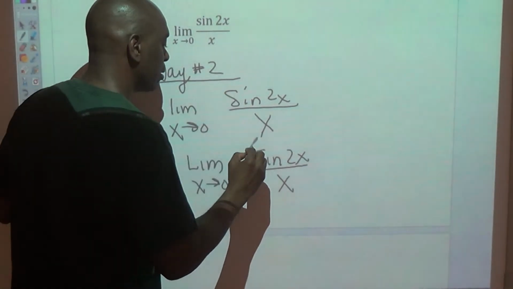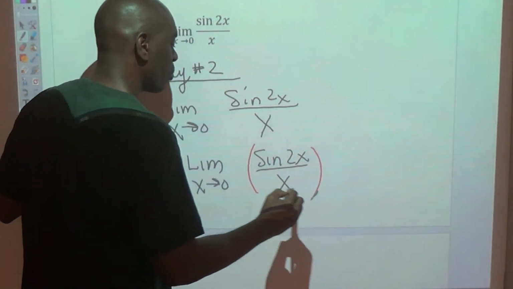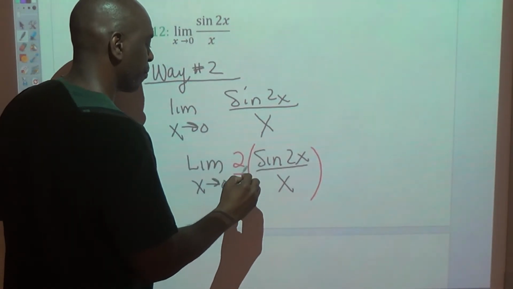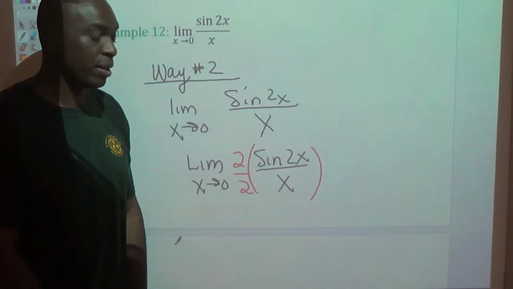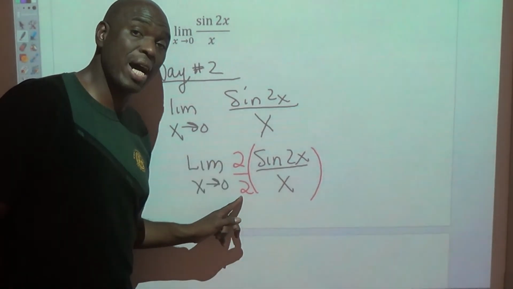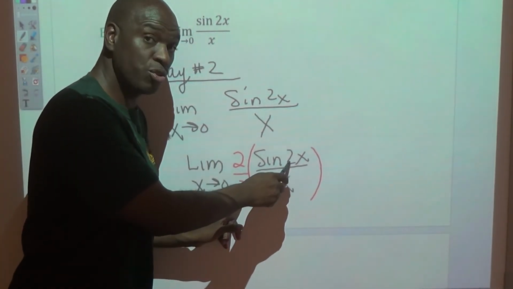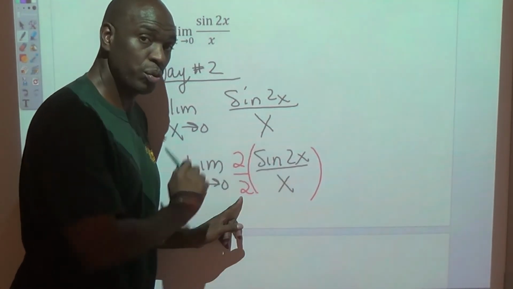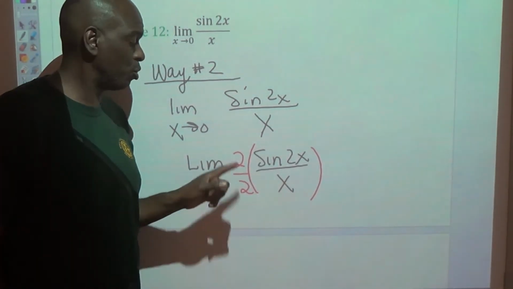Over x, let's multiply by 1 now. Here's how you do it. Times 1. In this case, this is how you write 1. That's 2 over 2. Why? Because the argument right here is 2x, so multiply by 1, 2 over 2.